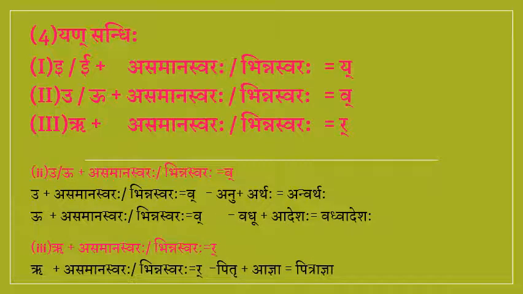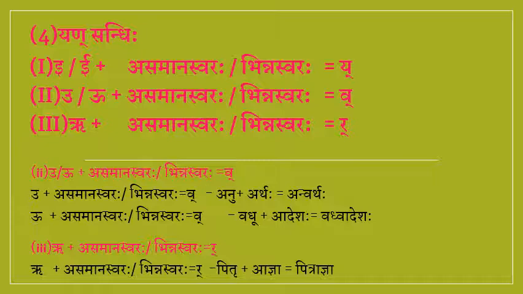The next combination is yana sandhi, with u. Take anu plus arthaha. The first word ends with u, and the second word begins with a vowel other than u. Instead of u, we bring va, and we keep the a as it is. Whatever a is in arthaha, we keep it as it is.